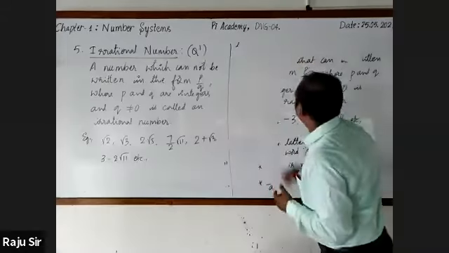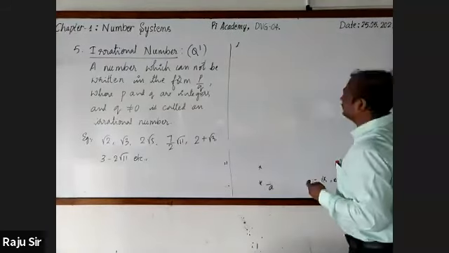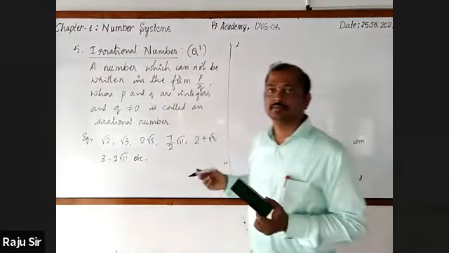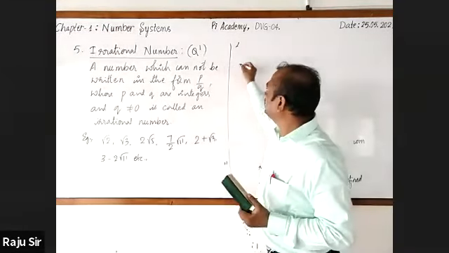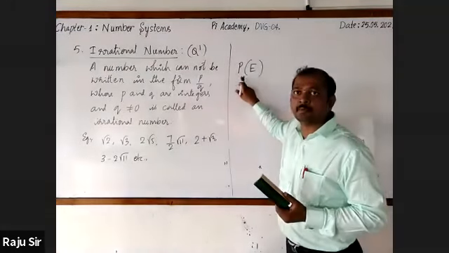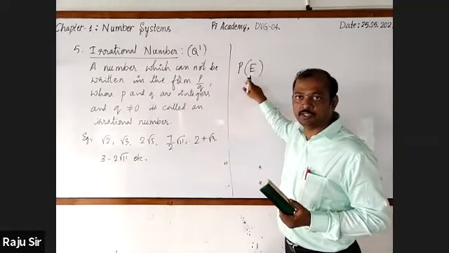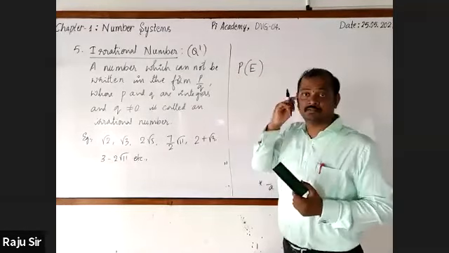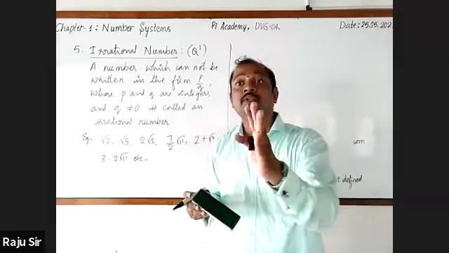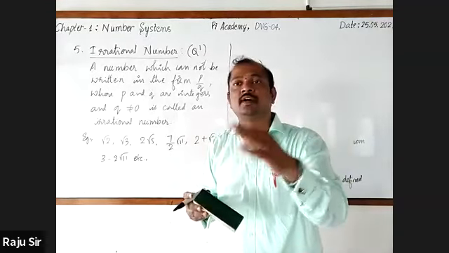Now you tell, how do you represent the probability of an event which happens? It is P of E. And what is the converse? That is the probability of an event which does not occur or which does not happen.